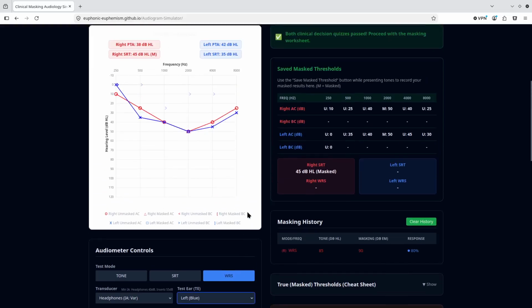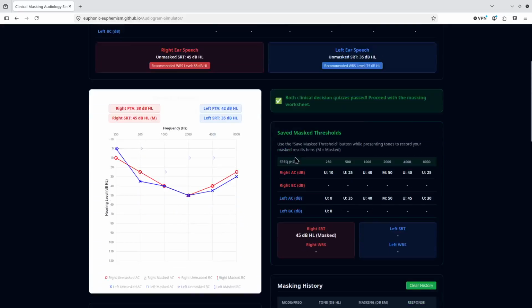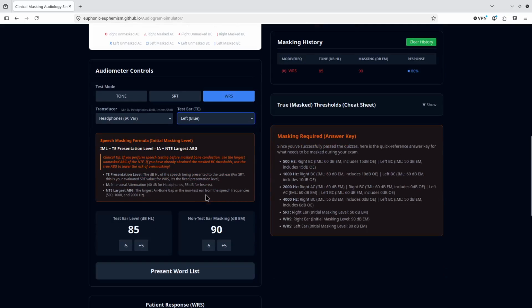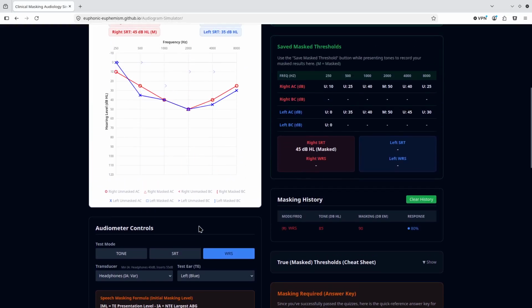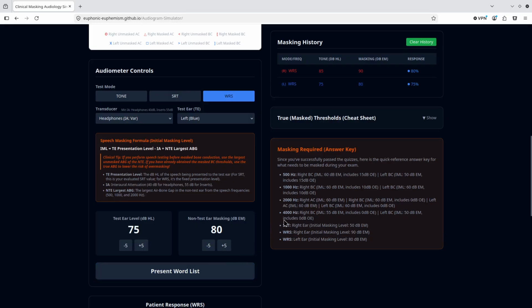For the left ear, we're going to present speech at 75 dB, so that's a little bit lower chance of overmasking. Because 75 dB minus 40, we start at 35, plus our largest air-bone gap, which is 40 dB, so we add 40 dB to that, equals 75, plus a 5 dB safety factor, present our word list, and let's see here.